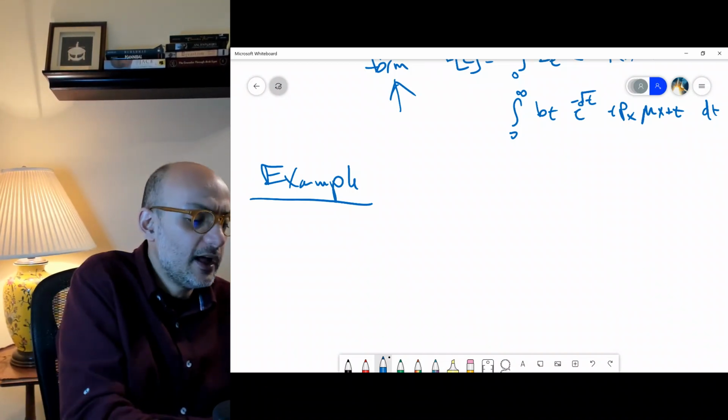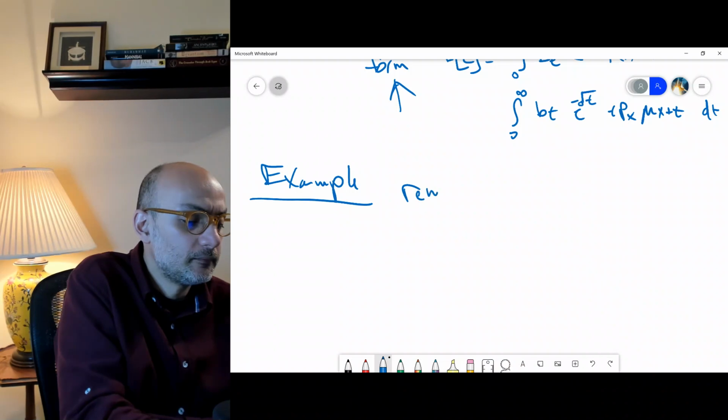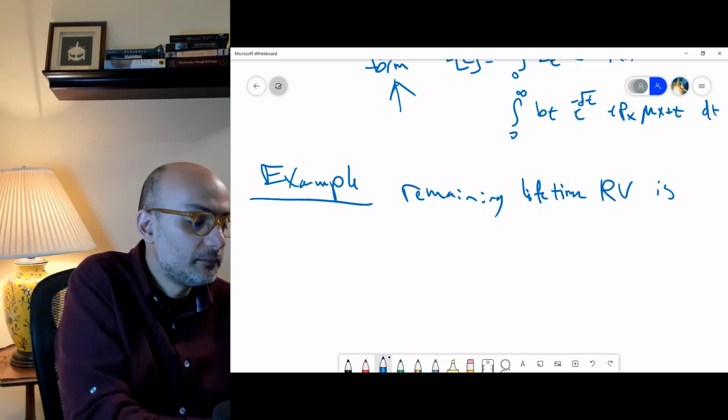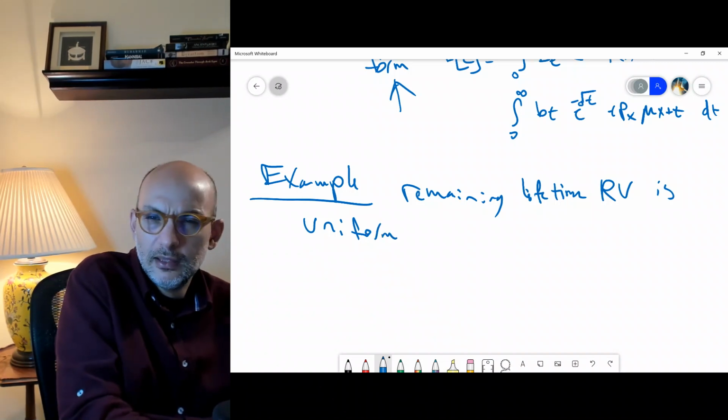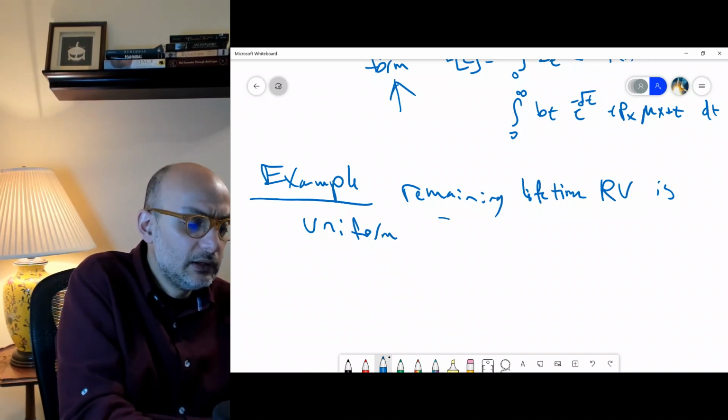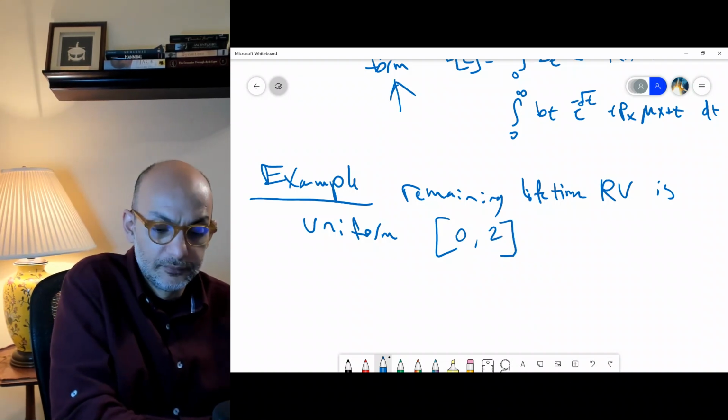So let's say that the remaining lifetime random variable is uniform, and uniform is easy. Let's make it very small, between 0 and only 2 years, just to help us understand.